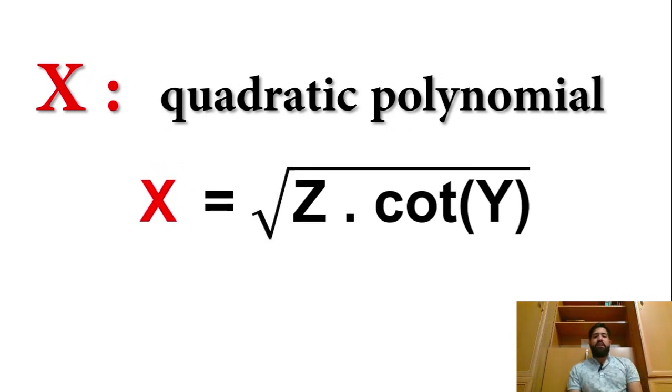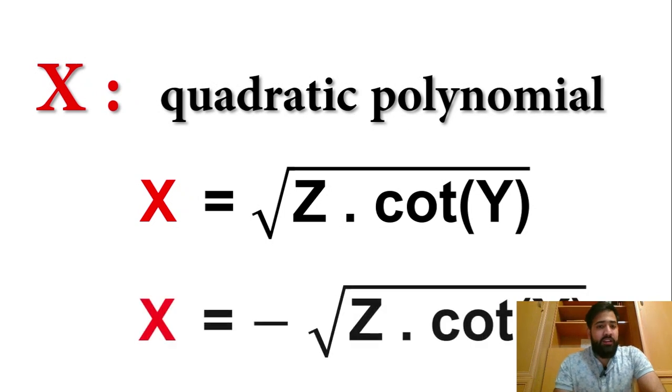Another answer for x is the negative of the square root. So we have another answer: x is equal to minus the square root of z times cotangent of y. So here we have two answers for x. Okay, we have found x.